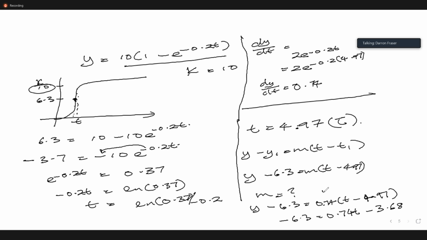The gradient has to be positive. T has to be positive, and this y here has to be 6.3, 0.74, 6.3.